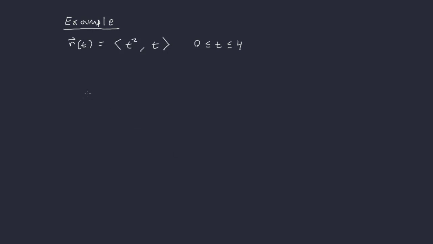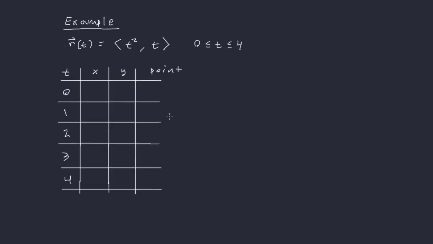All right, so here I'll bring up an example real quick. We have our t values given to us, 0 to 4, and I'm just going to go through and start plugging these in. For x, what's happening to x is t squared, so we're just going to take the t and square it. So we'll get 0, 1, 4, 9, and 16.